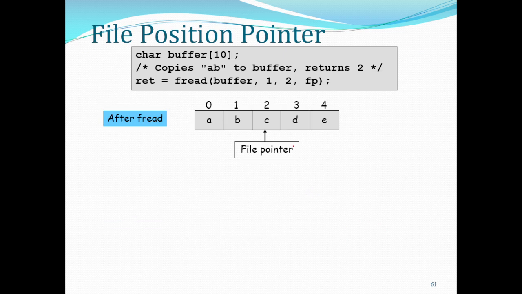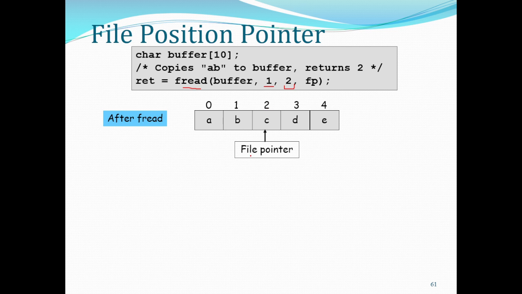So let's say after reading 2 bytes, how many bytes am I going to read? 2, right? When I read 2 bytes, the file pointer is basically holding the target address after the reading operation.